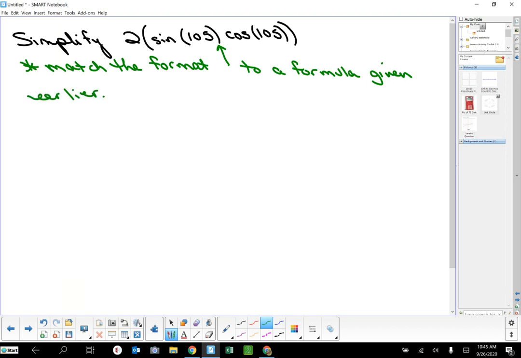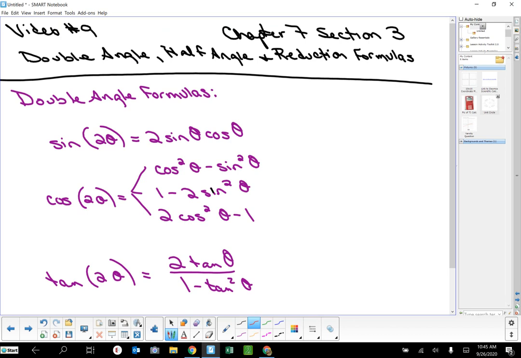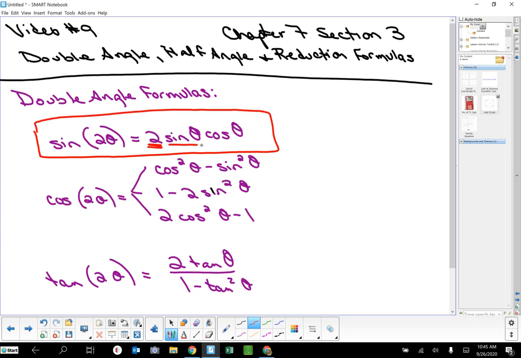Okay, and if you take a look at those formulas that I gave you, here's what I'm talking about. If you go back and look, I'm going to flip back through these, back to the beginning. We have this formula right here with a 2 out in front, and then a sine of theta and a cosine theta, which is exactly what we have.